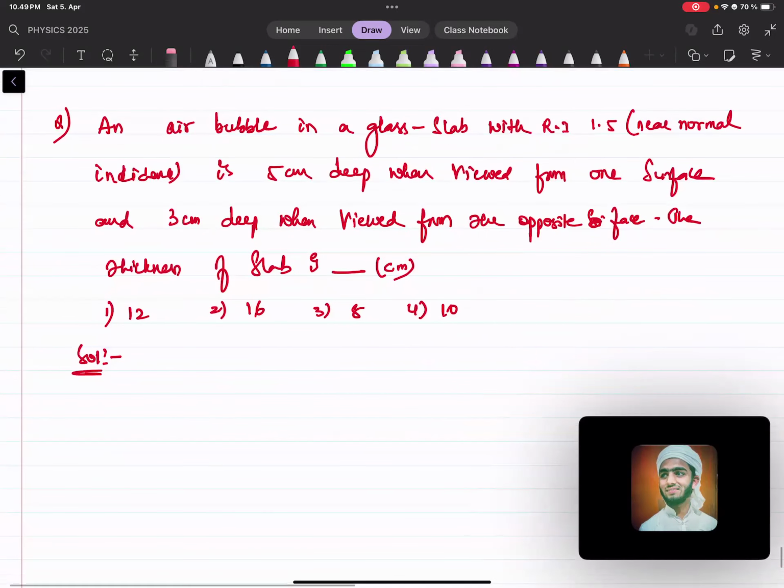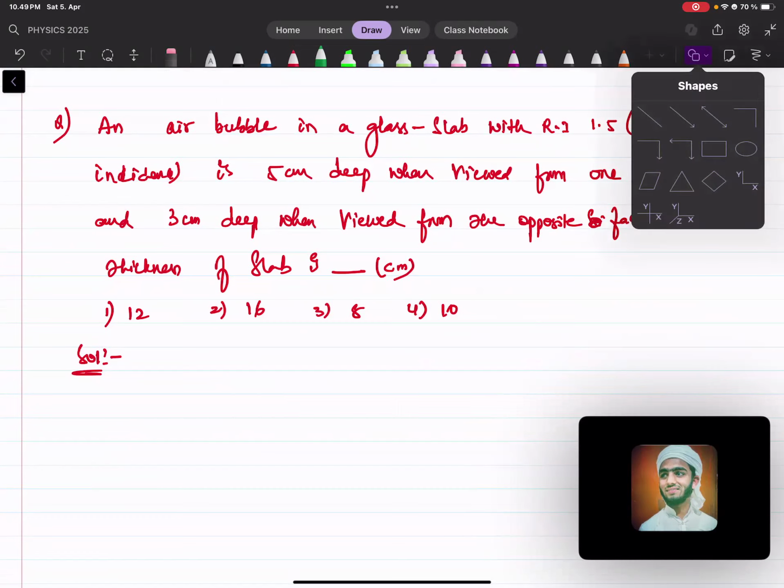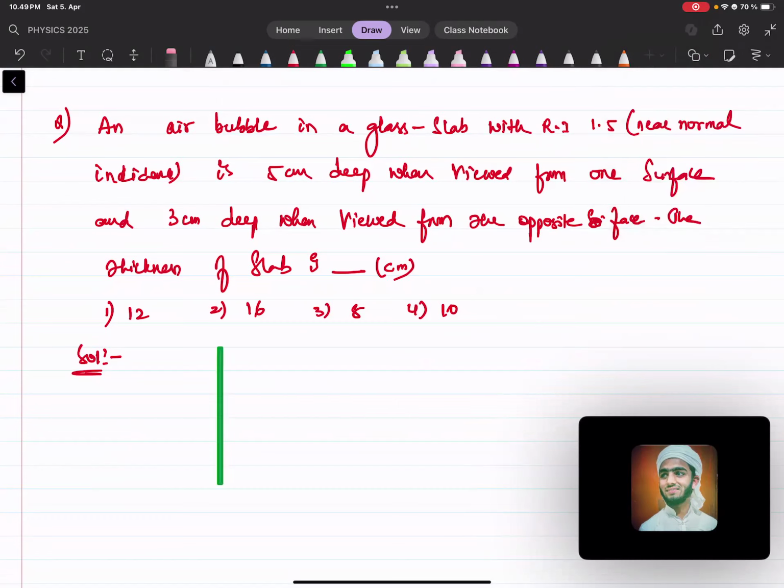First, try to understand the terminology of the question. We got an air bubble in a glass slab of refractive index 1.5. So let me first draw the glass slab. The refractive index of this glass slab is 1.5. The bubble is somewhere here right now.